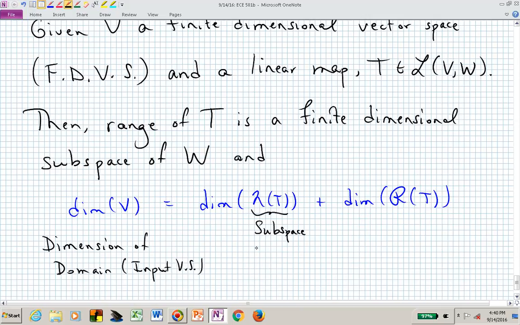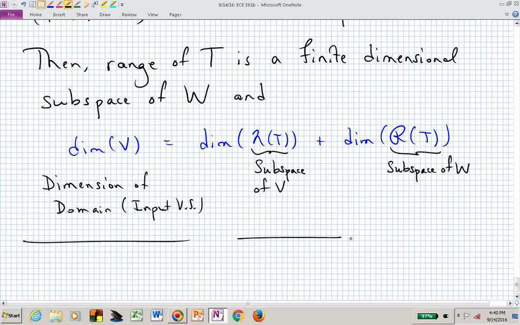It's actually a subspace of our input vector space V, and our range space, where does that belong as a subspace? That's a subspace of W. But we can still state this theorem, that the dimension of our input vector space is equal to the dimension of our null space plus the dimension of our range space.